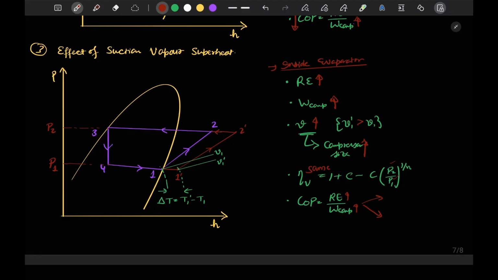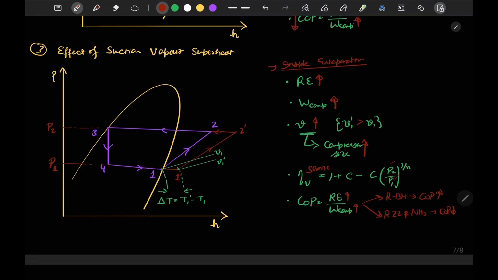In case of R134a, our COP increases, and in case of R22 and ammonia, that is NH3, our COP value decreases.